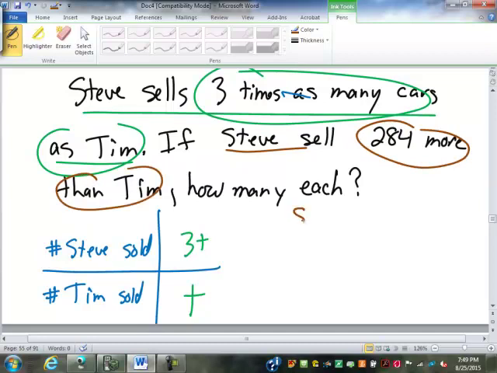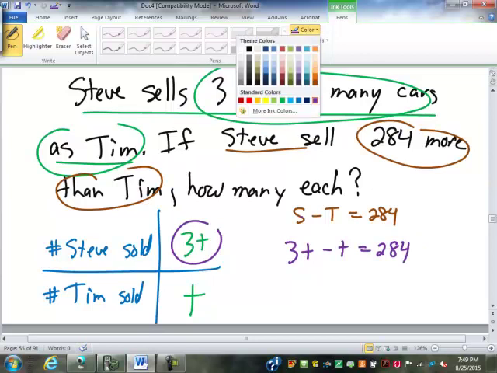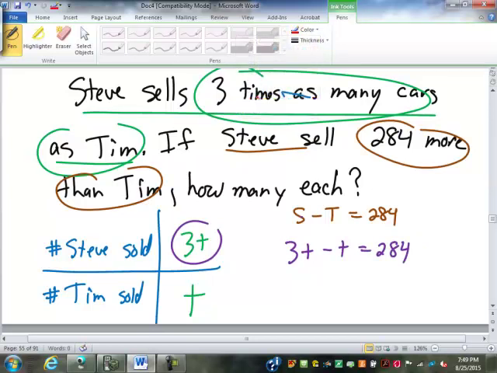We're looking at the amount that Steve sold minus the amount that Tim sold is 284. But we know from what we defined our variables, the amount that Steve sold is 3T. The amount that Tim sold is just T, and that's going to equal 284. What do we do from there?